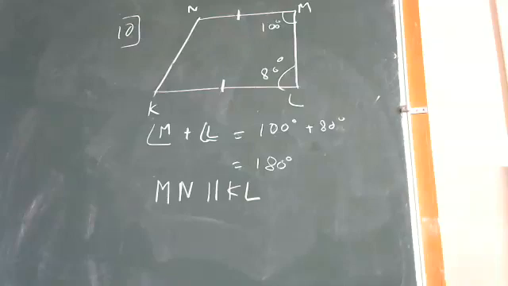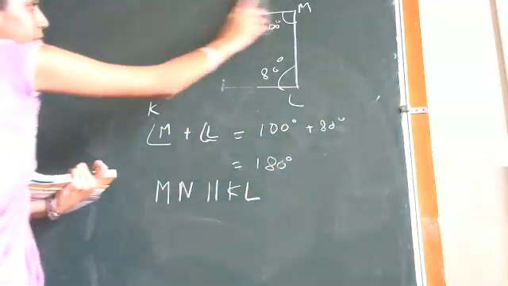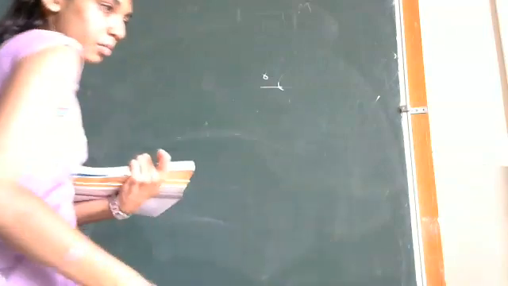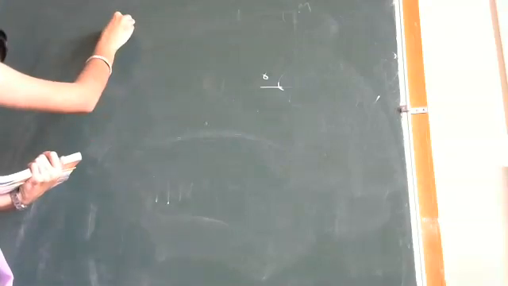11th one. Yes, read out the 11th problem. Find the angle C in the given figure 3.3 if AB is parallel to DC. So first we draw the figure over here.